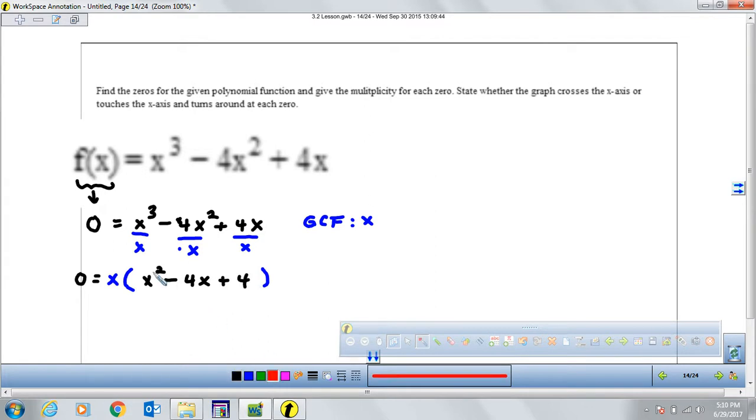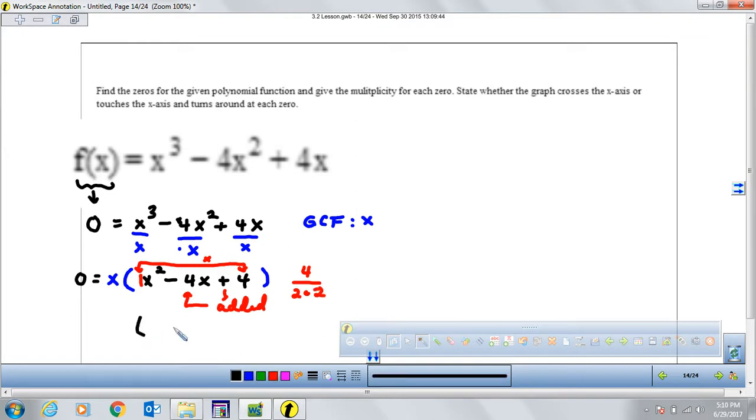Then, the process that we use to factor a trinomial is that we multiply a, which is 1, times c, which is 4. Remember what we mentioned, that when a is 1, it is not going to make a difference. So basically, we just need the factors of 4, which are two numbers that when multiplied give me 4, and when added give me negative 4. So it's going to be 2 and 2, but both of them negative.